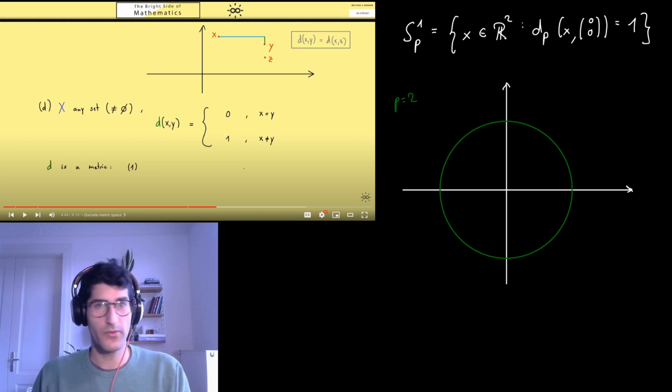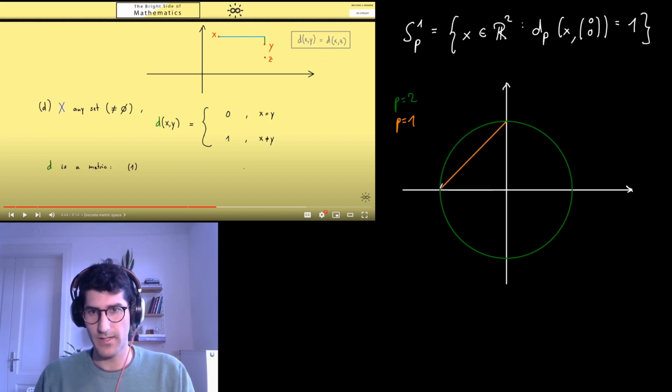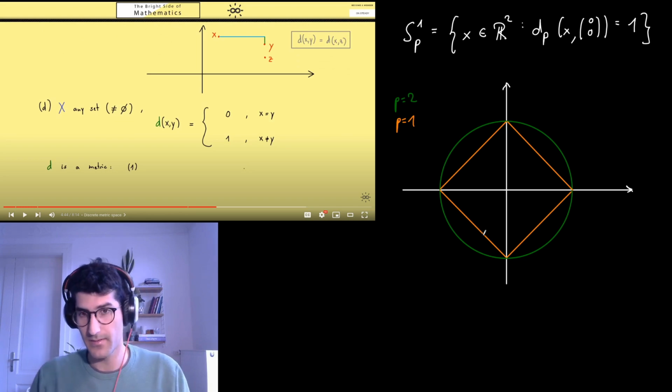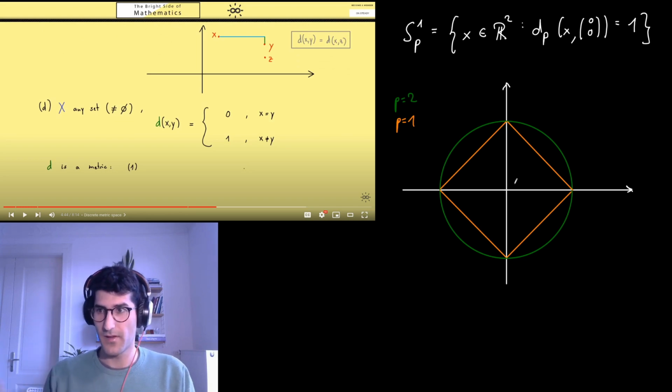So if we now choose p to be 1, this you may also easily calculate, then our circle looks, well, not round anymore, it gets corners. So the circle that we get looks now like this. This is all the points where the sum of the differences of the components in the absolute value is 1.